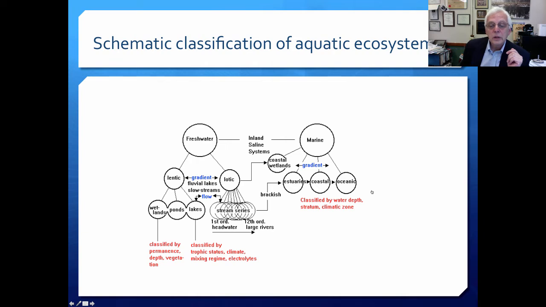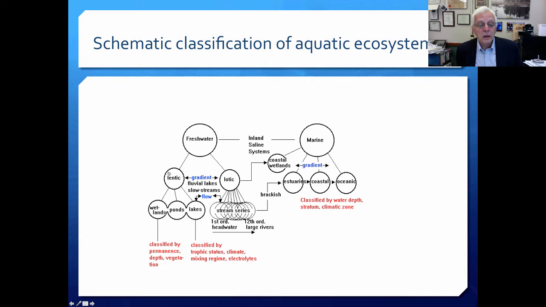So we've got salinity as a major gradient going from left to right. Well, clearly these are all a gradation, and I hope you've perceived that from the last little tour I gave you. But we have gradients in turbulence here across freshwater systems from the lentic to the lotic.